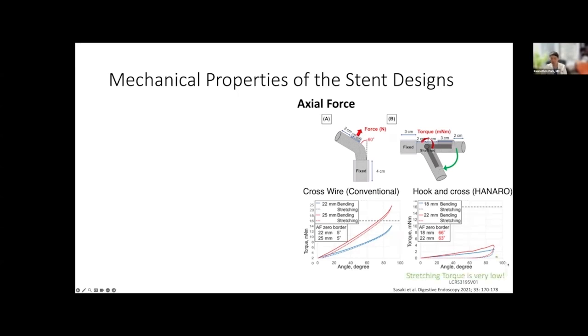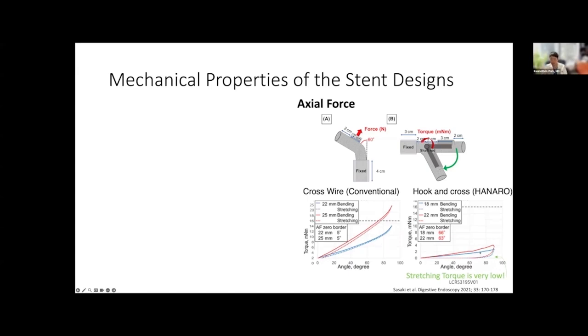Another key difference is that on the traditional braided stent designs, the dotted line represents the stretching, the amount of force that the stent will exert after it's bent to straighten, versus the bending, which is the amount of force required to bend the stent. They're pretty much together. They go hand in hand, meaning there's very high straightening force as much as bending force.